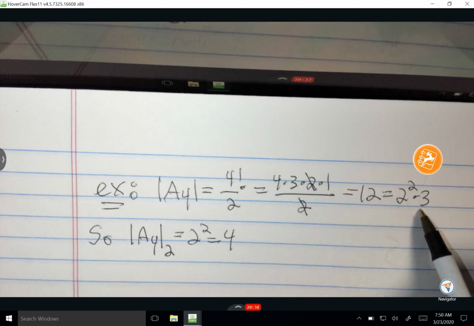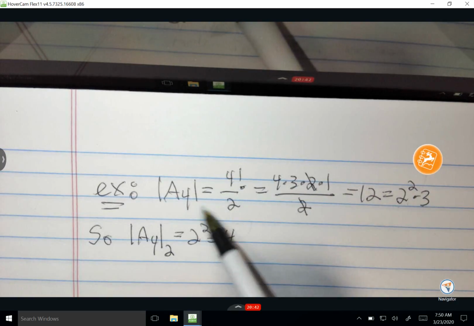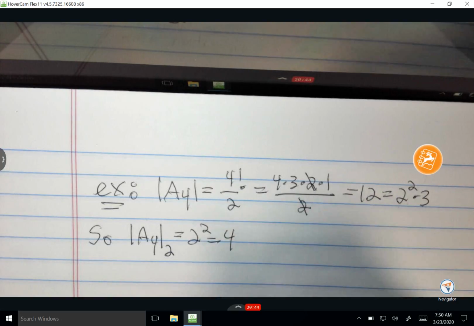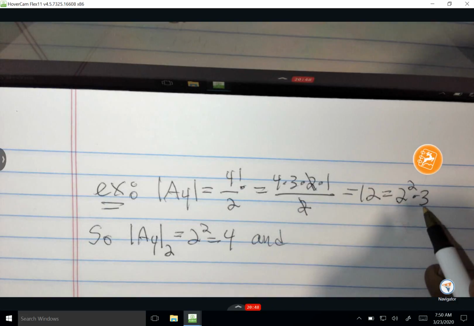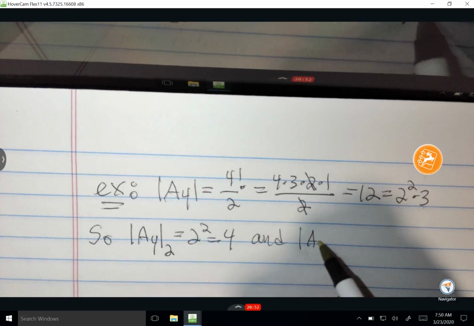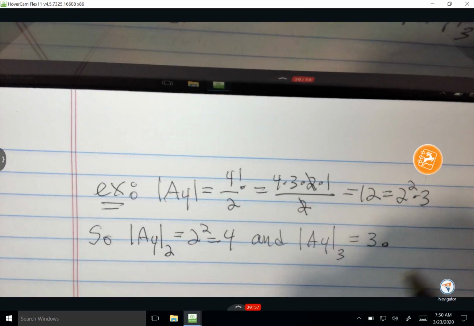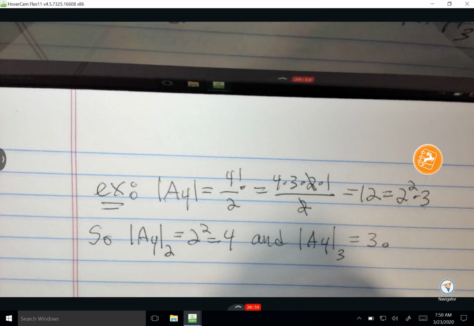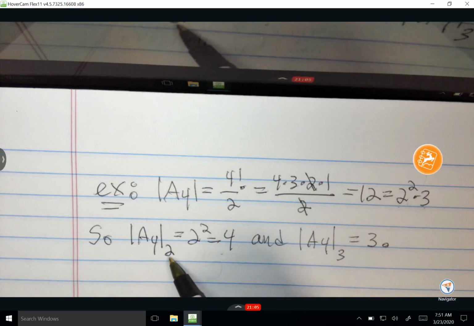And you can see, follow the pen, the highest power of 3 that would divide the order of A4 is just 3. And so the 3rd part of A4 is 3. So let's use our notation now. So that means if I can find a subgroup of A4 that has 4 elements, then I found myself a Sylow 2 subgroup of A4.